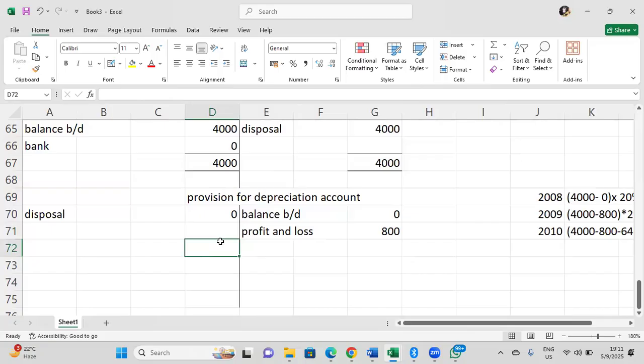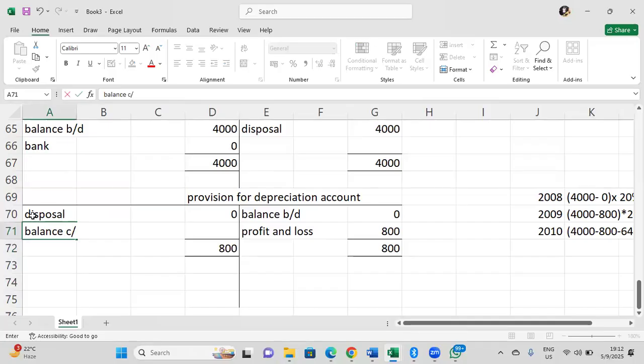After putting the 800, we close the account. We close the account, 800, then the balance CD. So the balance CD is 800 there.